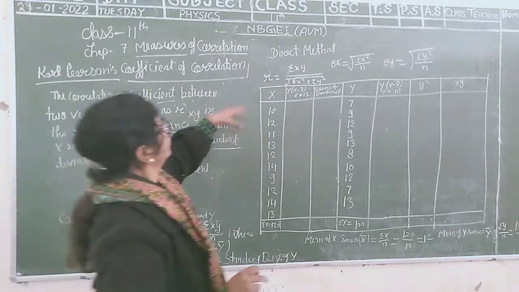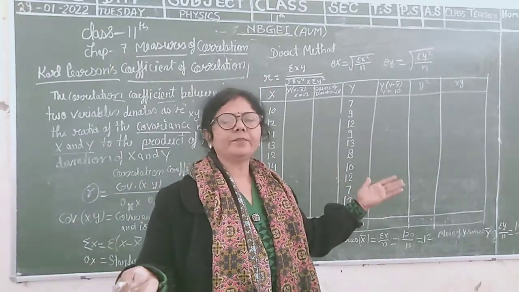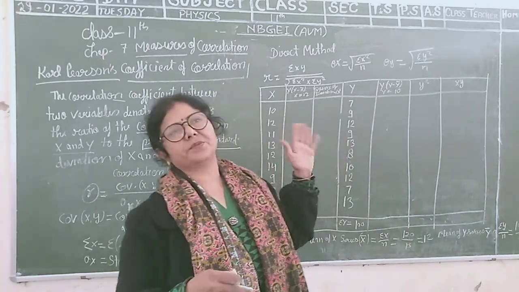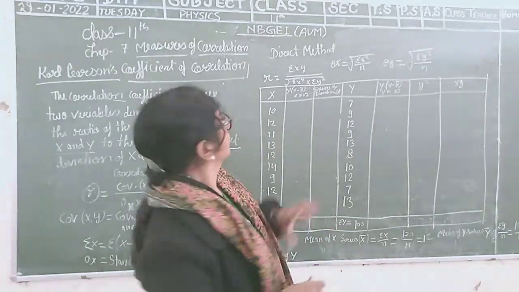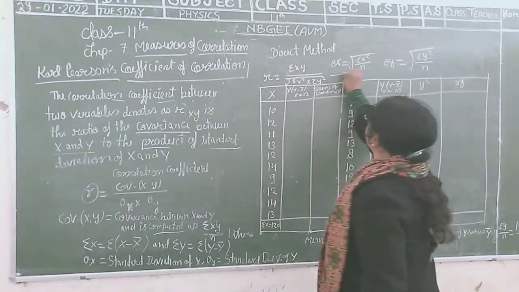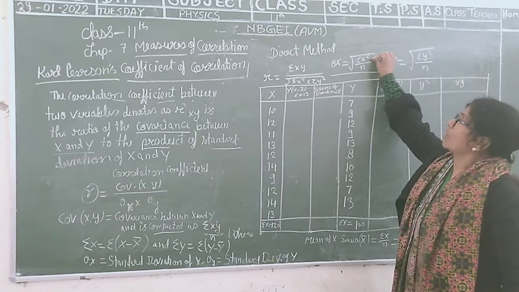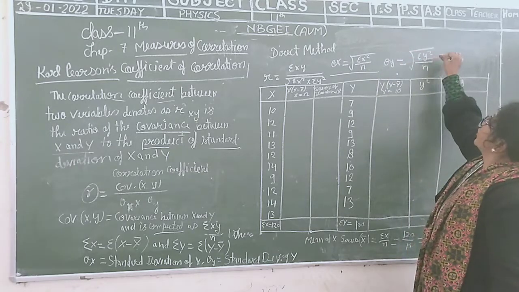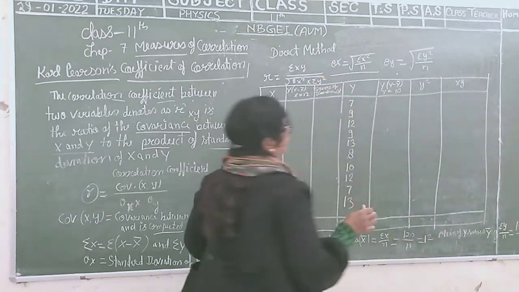Understand? Now we will go through the same process as previously, like dispersion, mean, median and mode. Here the deviation method is given. Sigma x equals root of sigma x square upon n, sigma y equals root of sigma y square upon n, and the correlation formula is simple.